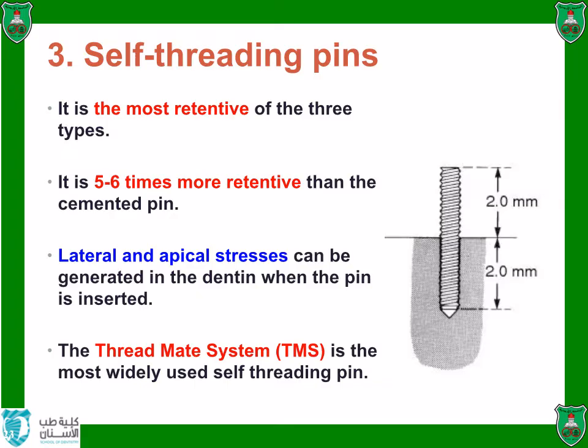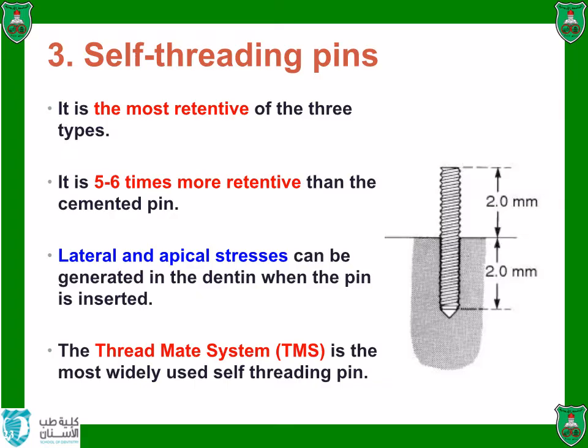However, it will produce lateral and apical stresses because it will be threaded in place. تقريبا هاي شكلها زي البرغي، يعني بدك كيف بتحط البرغي جوا الحيط، بدك تستعمل مفك إله. هون نفس الإشي عندنا أدوات we call it a screw driver that will place this pin and engage it in dentin by threading. طبعا stresses is very large.